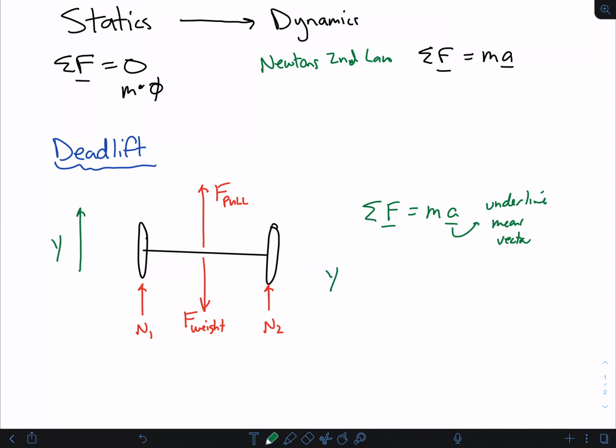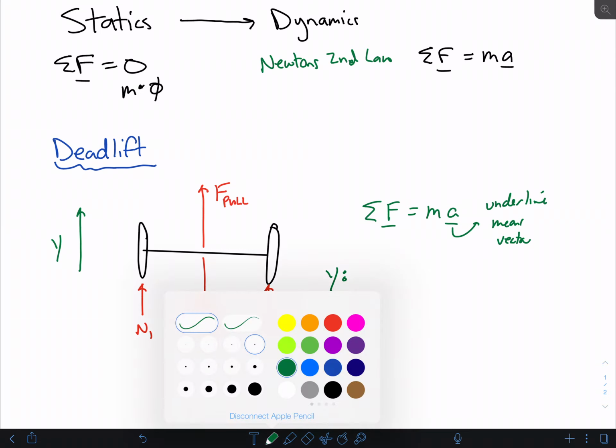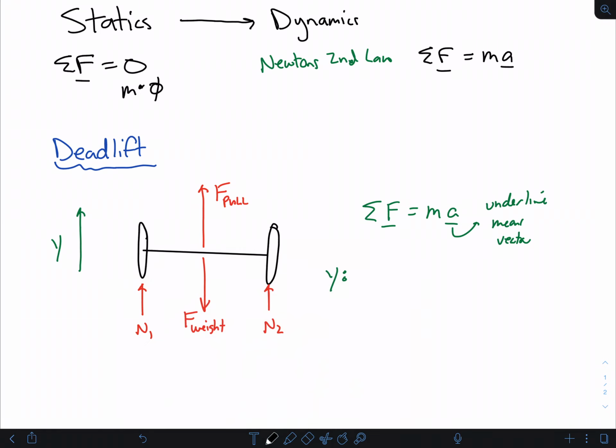On the left-hand side, the sum of all the forces: we have the force of the pull, minus the force of the weight, plus N1 plus N2. All of that equals mass times the acceleration in the y direction.